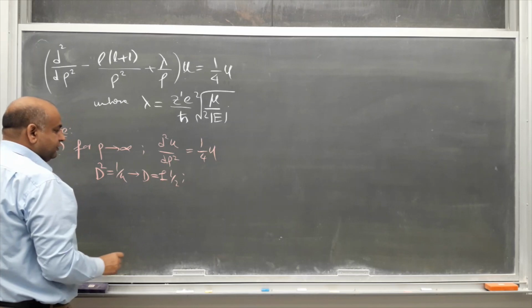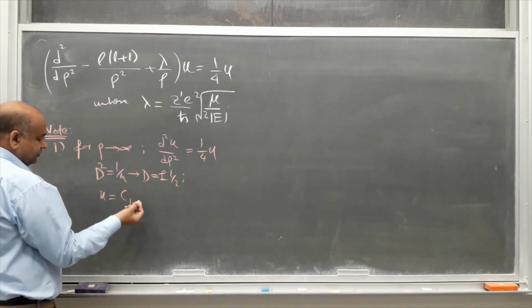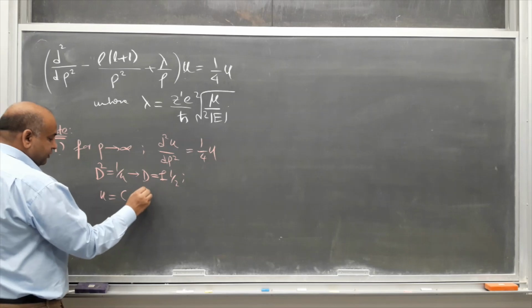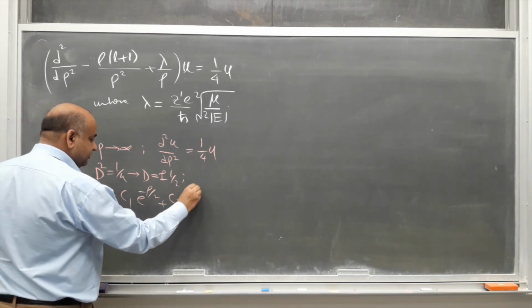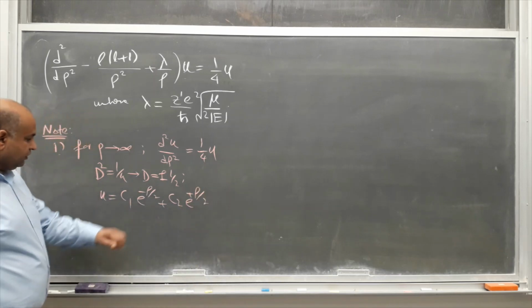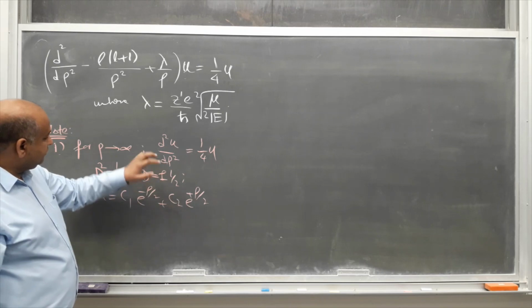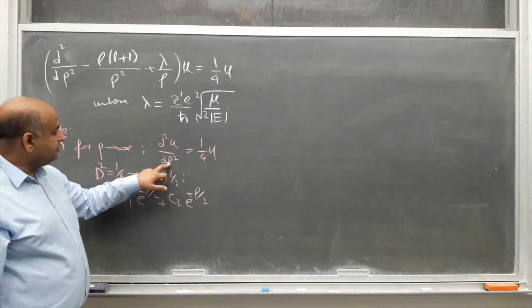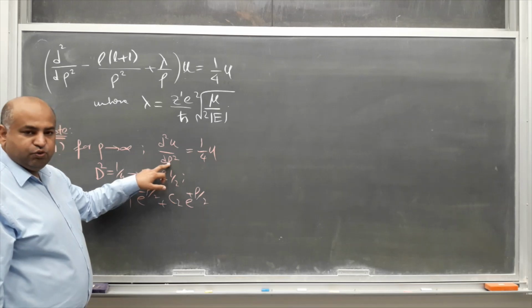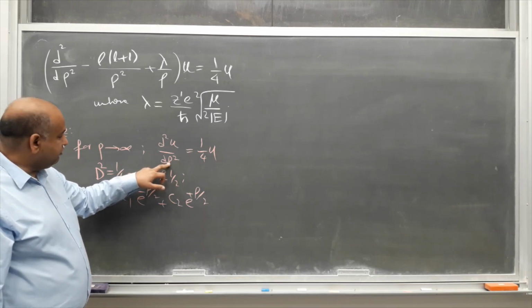It means that I can write solution u as some constant c1 minus rho by 2 plus rho by 2. So if we look at this solution, we see that since our rho, which is proportional to r, and r is nothing but the distance of electron and the nucleus, which goes from 0 to infinity in general.